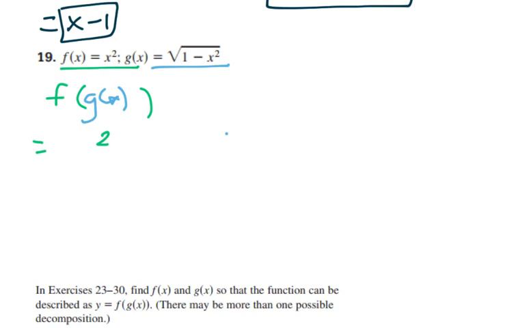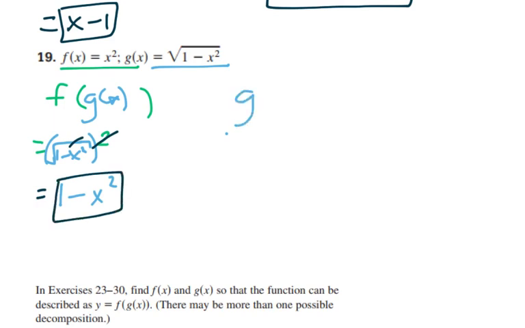And so we're going to erase the x and put the g equation, which is the square root of 1 minus x squared. And hopefully we know that squares and square roots end up canceling, and so we actually end up with just 1 minus x squared and nothing else to simplify. So that is our result of f of g of x.